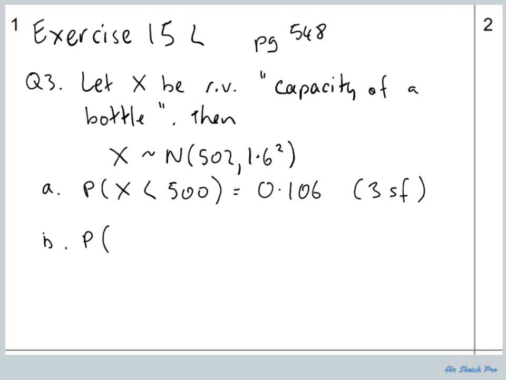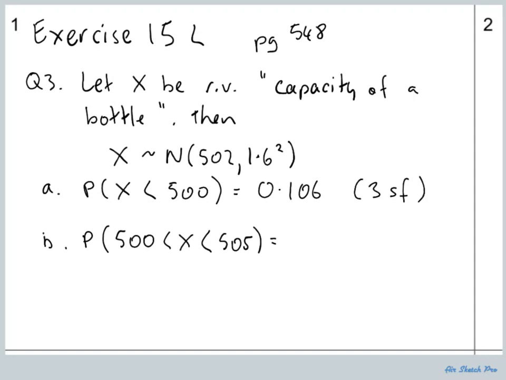So we have the probability that X is between 500 and 505, like so. And that is equal to, calculator usage again, menu 5, 5, 2, lower bound this time is 500, upper bound is 505, the mean is 502, and the standard deviation is 1.6.